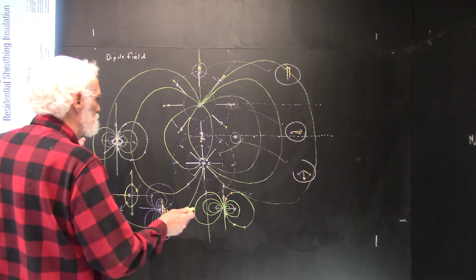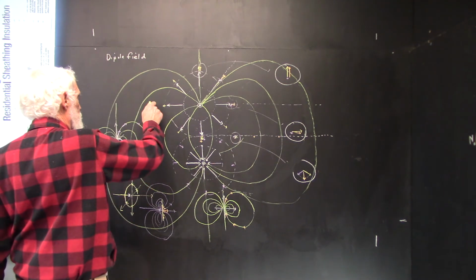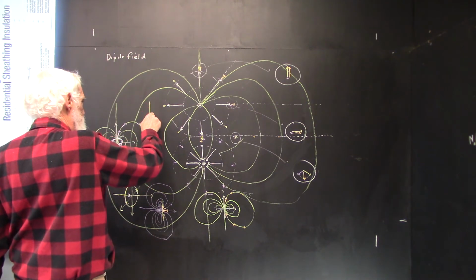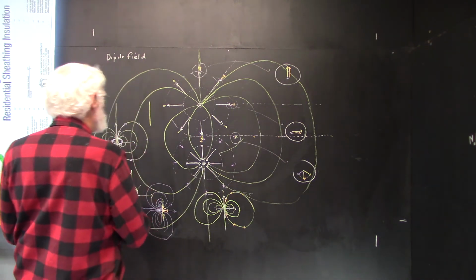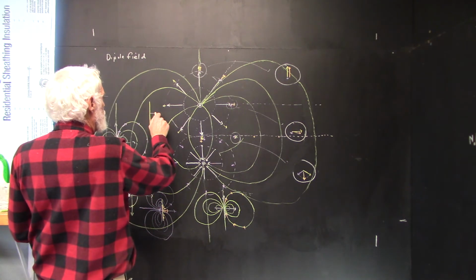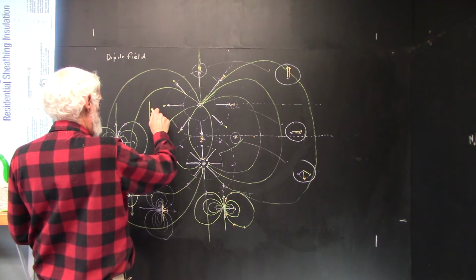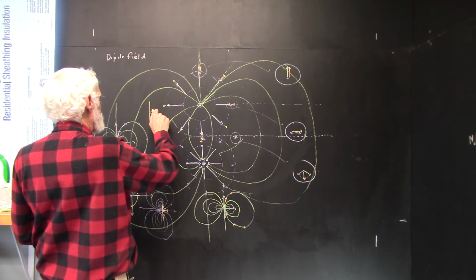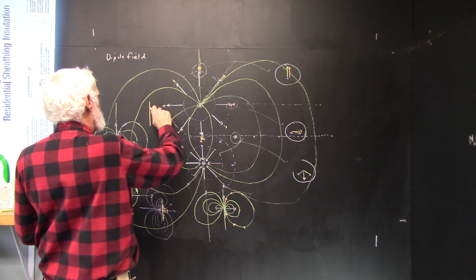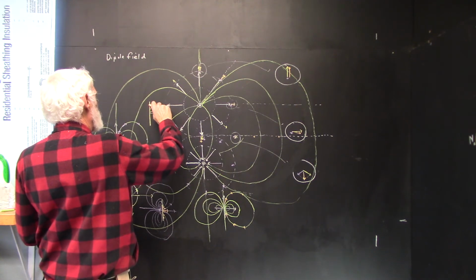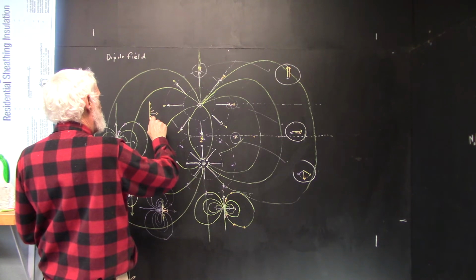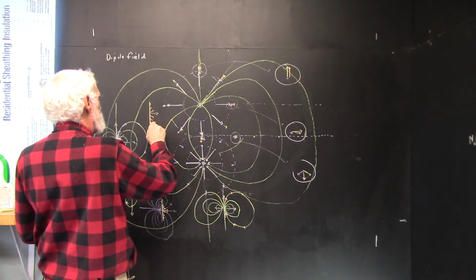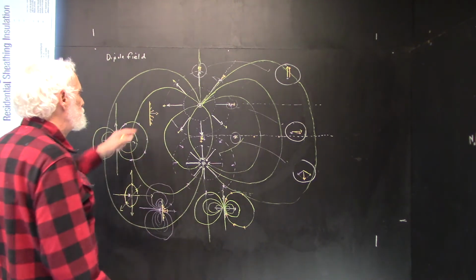So to impose this somewhere else in my picture, here's our cross section, and here's the way the field might cut the coils.